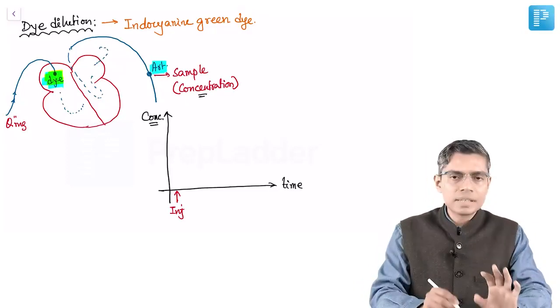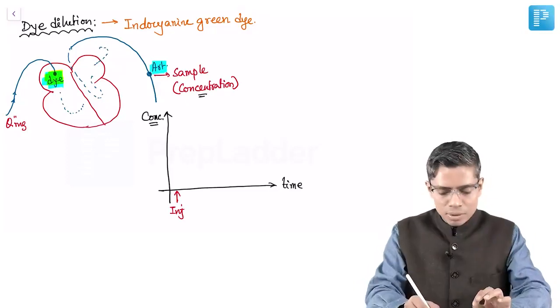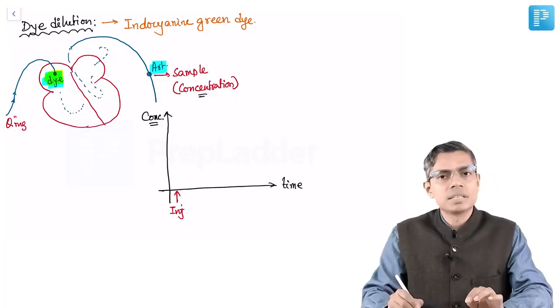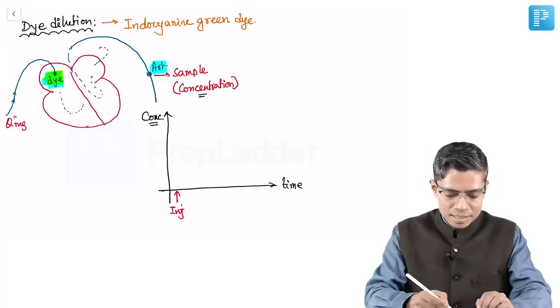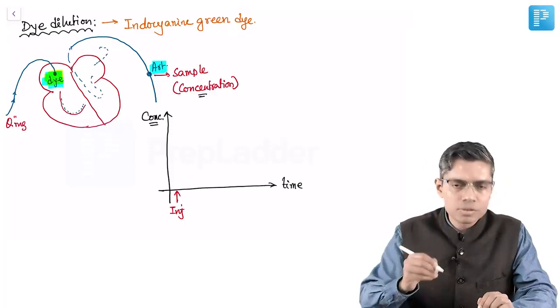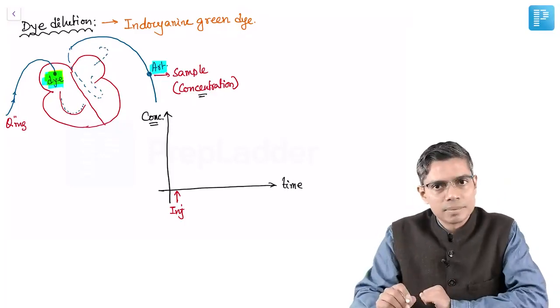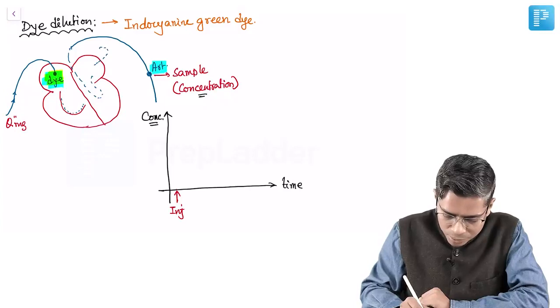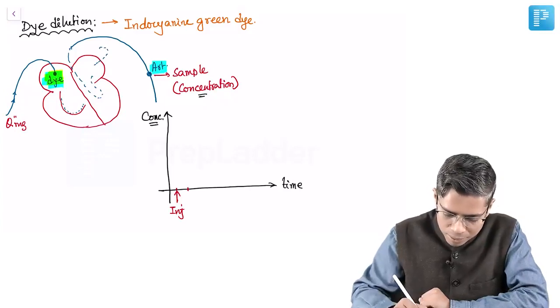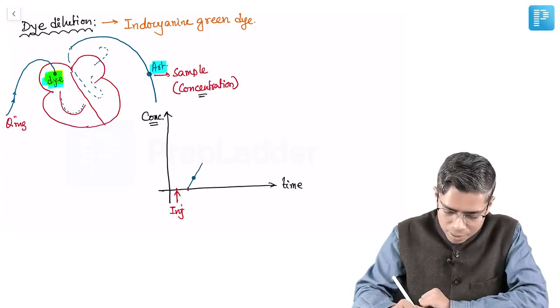Obviously, immediately after injection you are not getting any concentration in the arterial blood, because it will take some time for the dye to pass through the circulation and reach the arterial blood. So after a few seconds, maybe 1 or 2 seconds, the concentration of the dye will start appearing in the arterial blood and then go on rising.